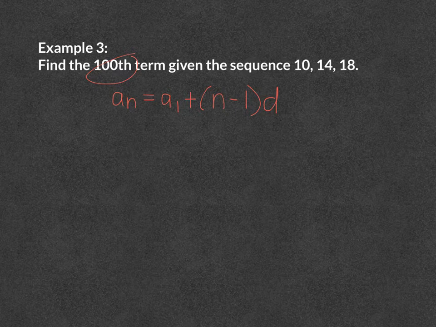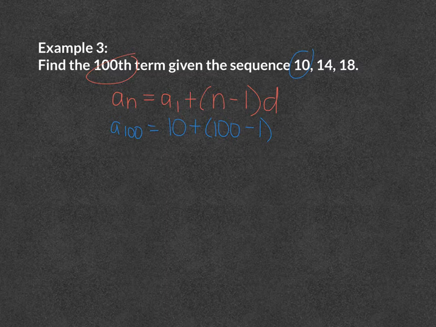So a sub n is the term we're looking for, which is a sub 100. A sub 1 is the first term in the sequence, which is 10. N is how many numbers are in the sequence. We know there's 100 because we're looking for the 100th term. Minus 1, and then d is the difference.